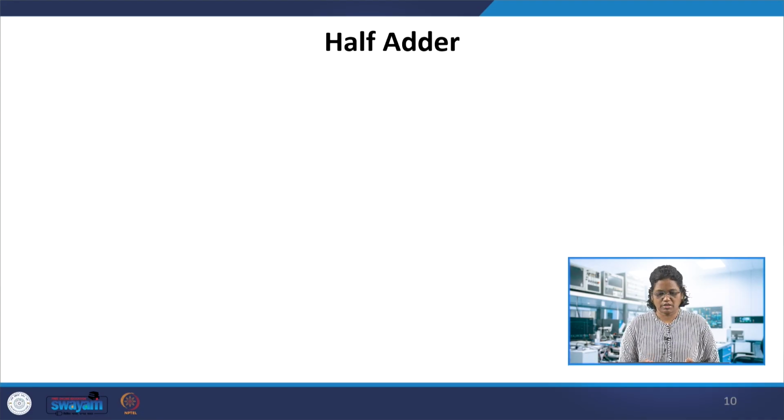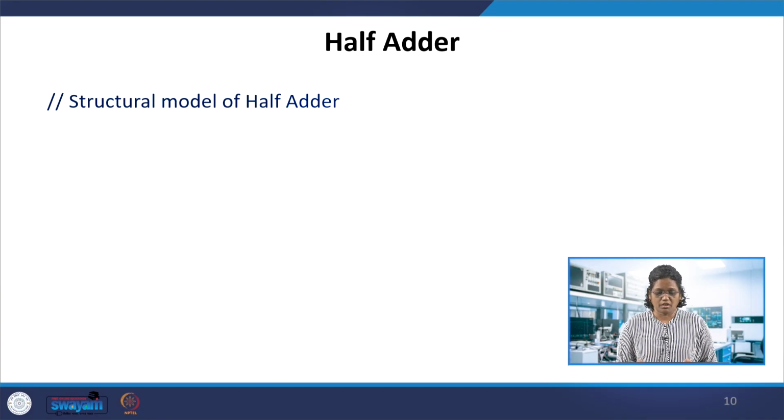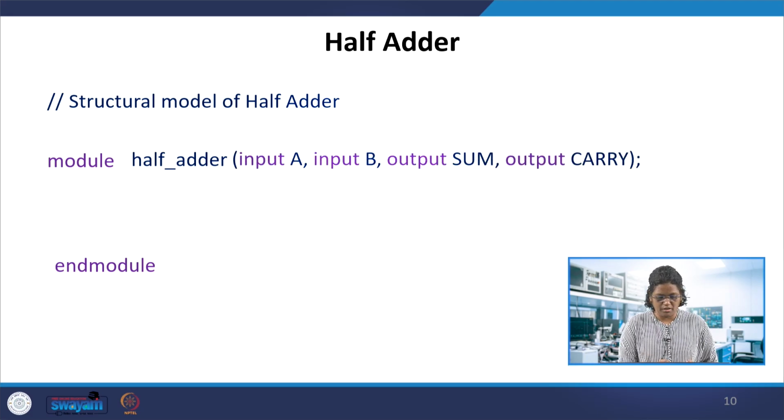So coming to the example of the half adder, let's take the structural model of the half adder. In the Verilog module, the half adder adds two 1-bit numbers. So here half adder is a module, again with inputs a, b and outputs sum and carry.